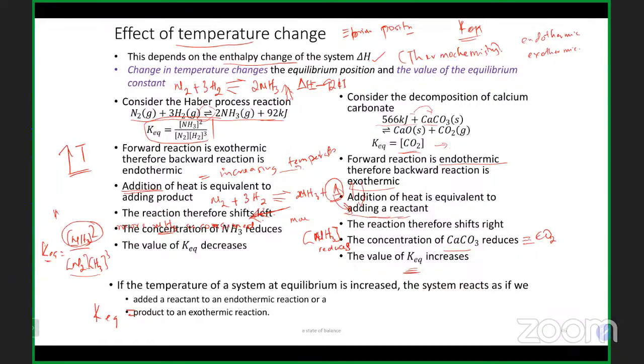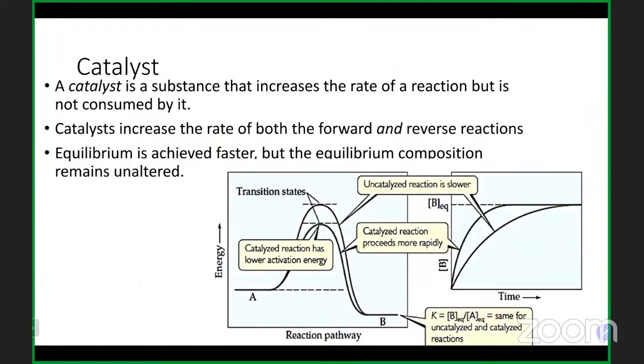It will change depending on the system that you are looking at. One thing to quickly say: one of the factors that affect the rate of a reaction is a catalyst, in addition to the three other ones that we have mentioned. However, a catalyst does not affect equilibrium. It only helps you to achieve equilibrium faster, but not the equilibrium itself.